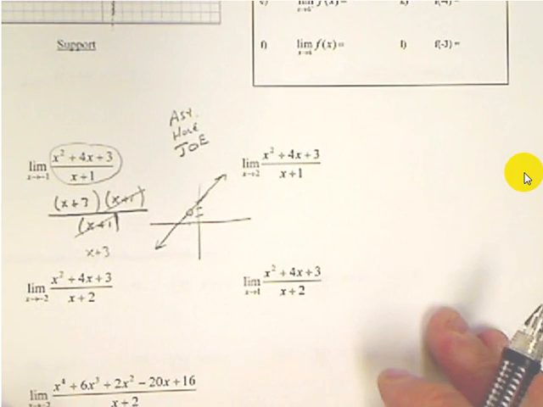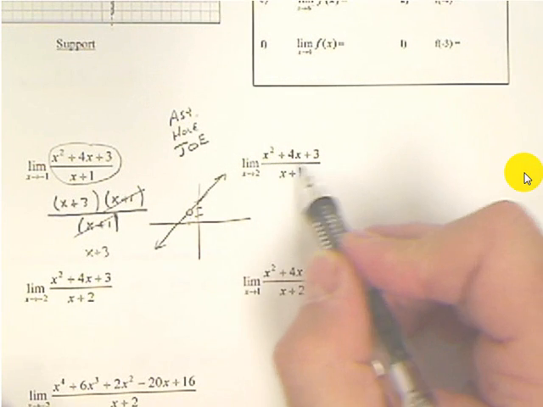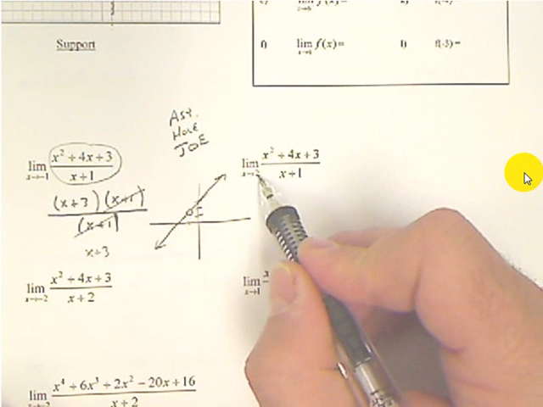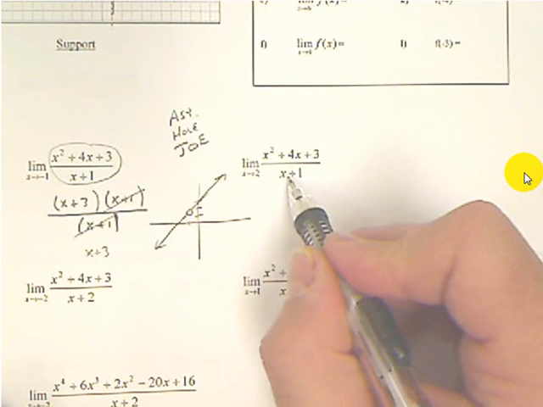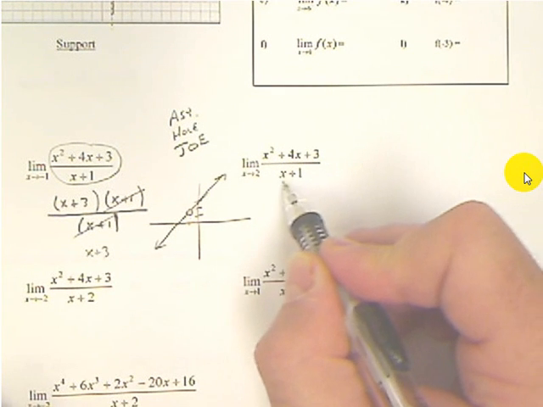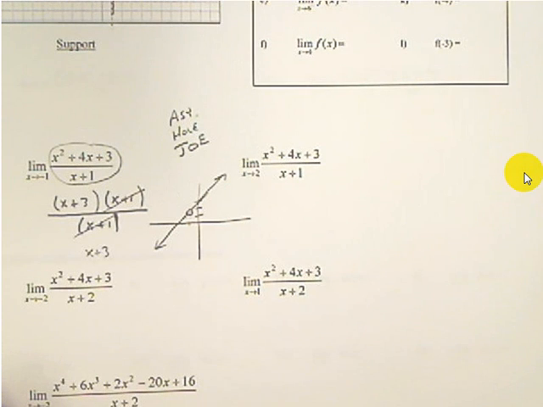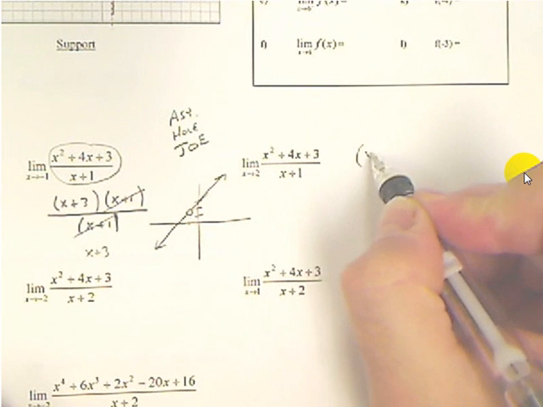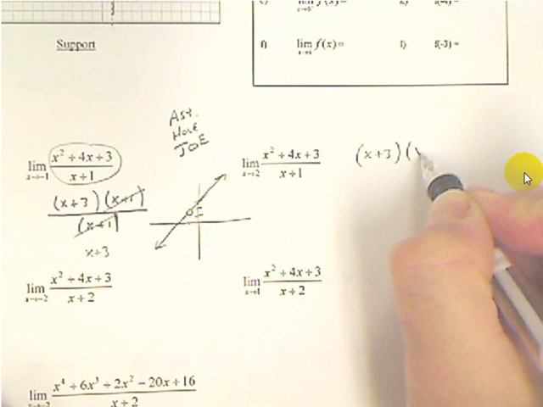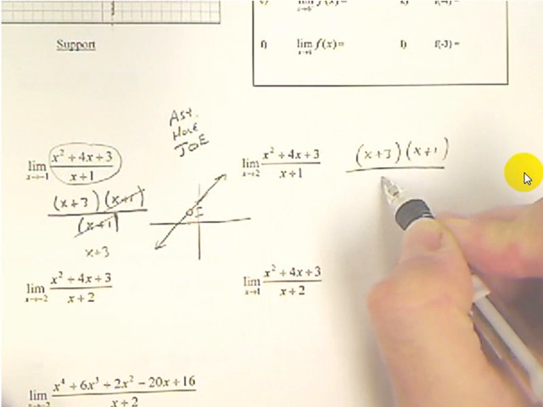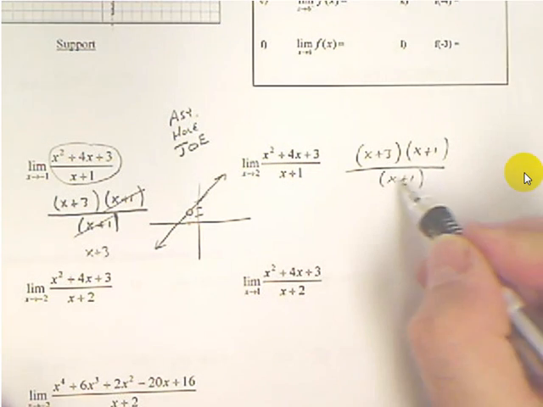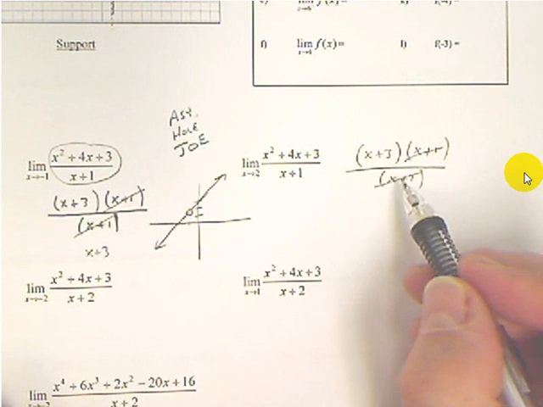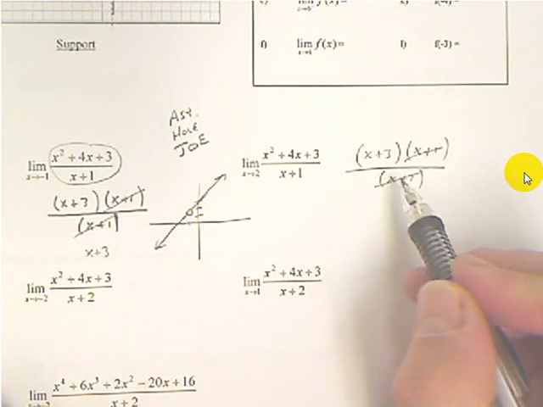Now, let's see if I can clarify that with the second equation here. Here, this is asking you to find the limit as x approaches 2. Now, 2 doesn't make the denominator 0, which means it's not an asymptote. The x plus 1, since it's the same equation as the one we just did, will cancel, which means we have a hole at this location, and this location would be -1, because -1 makes that 0.